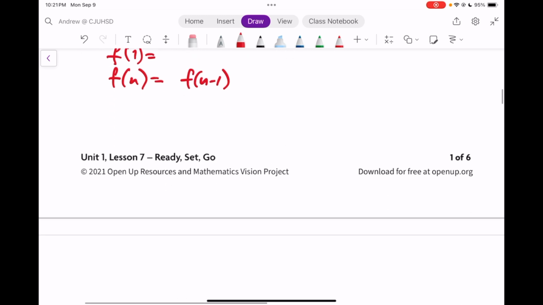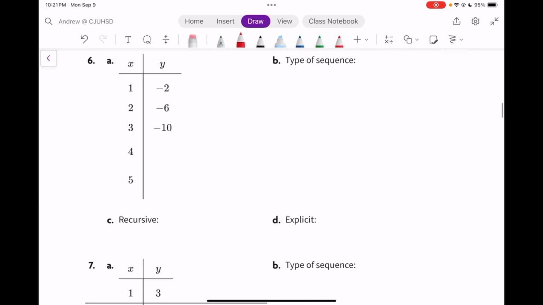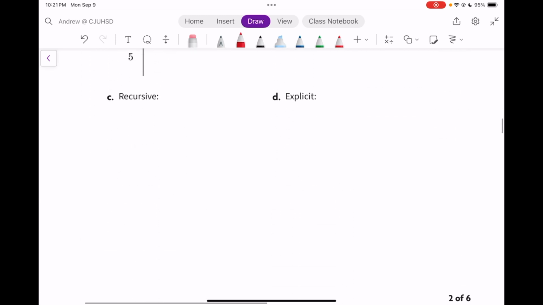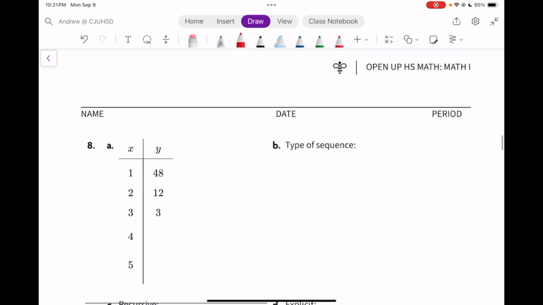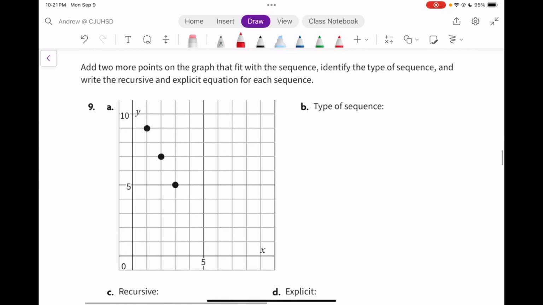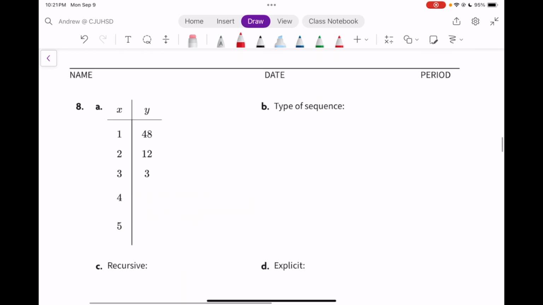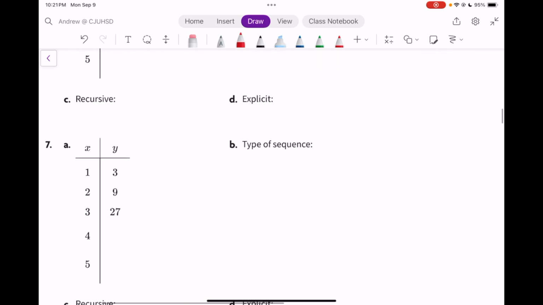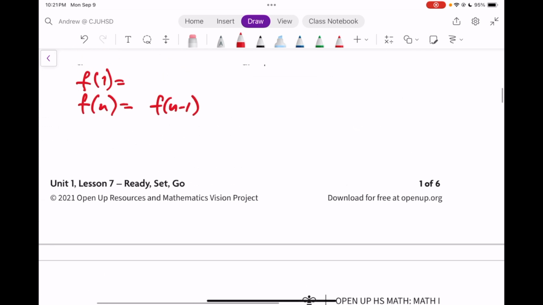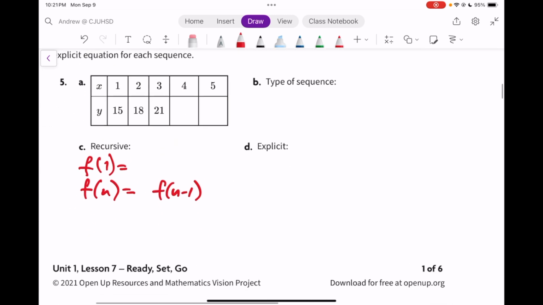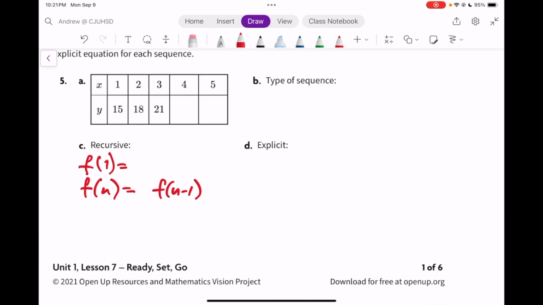Do 5, 6, 7, 8, and then we'll come back and we'll do 9. So do up to number 8 or as far as you can go, and then unpause the video. So pause the video now.